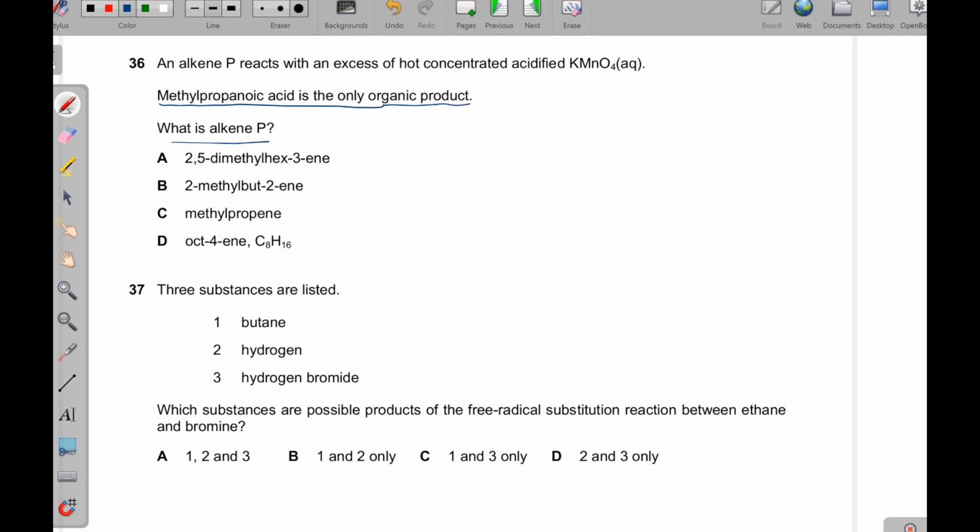What is alkene P? Now let us look at these alkenes which are given. This is hex-3-ene. So we have 1, 2, 3, 4, 5, 6. 1, 2, 3. So hex-3-ene will be there. Then 2, 5. So 2, there will be a methyl here. So CH3, then this will be CH.